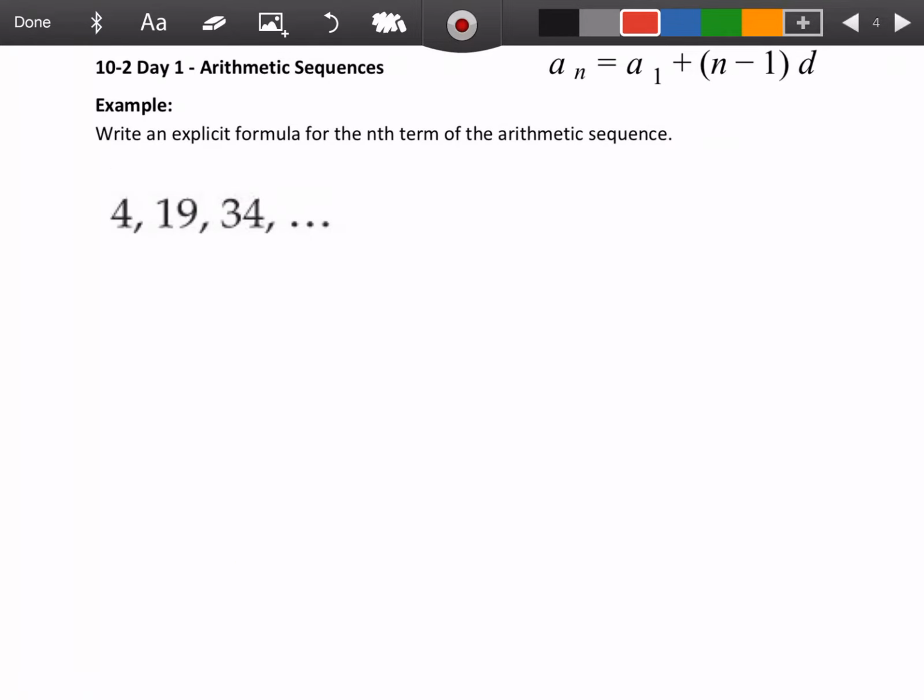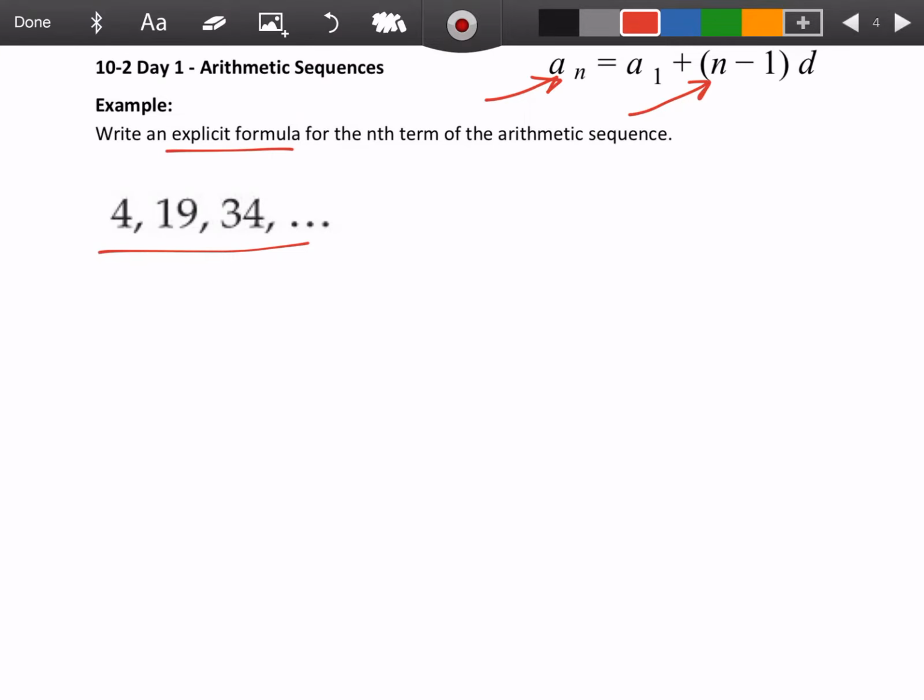Now, one more example that is rather important, it'll save you time in lessons to come, is we're going to take this sequence and write an explicit formula for that sequence. And so what an explicit formula is, basically is we don't have a term number, so we're going to keep this a of n and we're going to keep that n.